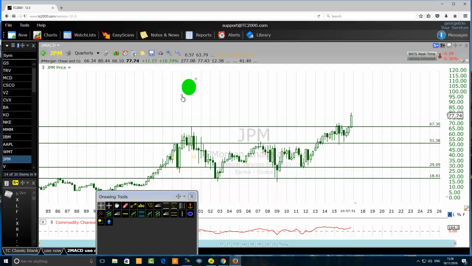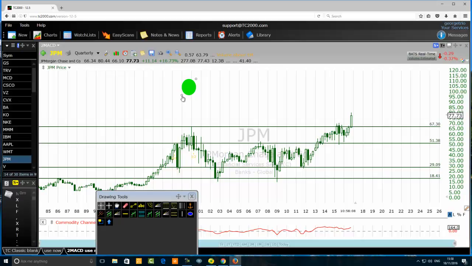One more thing I need to say to traders: usually a bearish candlestick pattern, one example is a bearish engulfment, is formed on or near resistance levels.